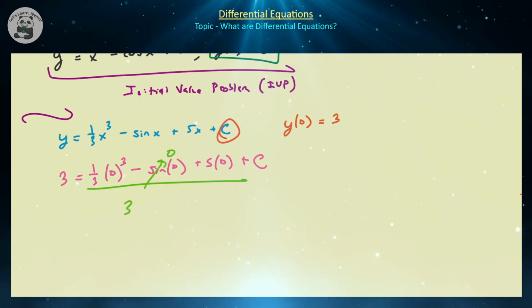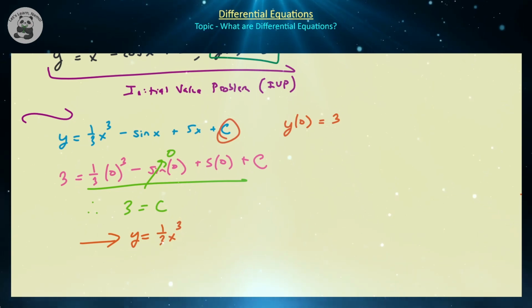So we have 3 is equal to c as our constant, and therefore y is equal to 1/3 x cubed minus sine x plus 5x plus 3.